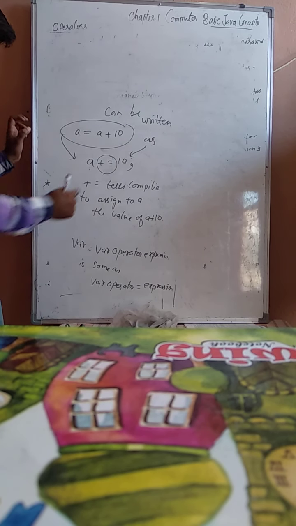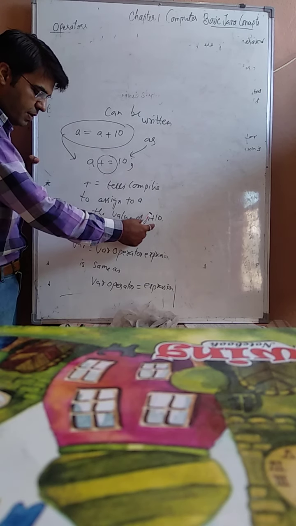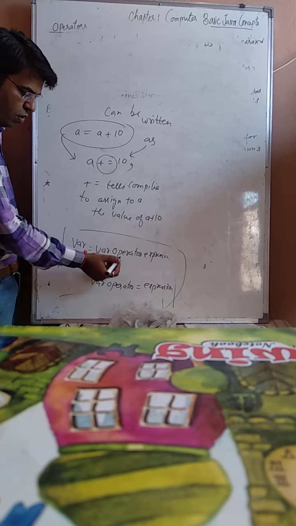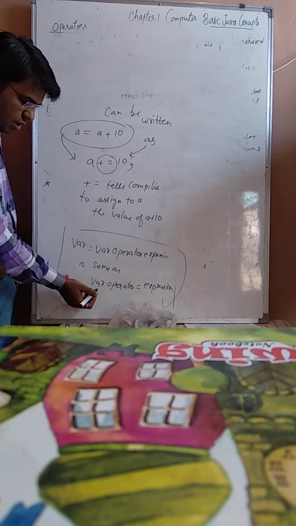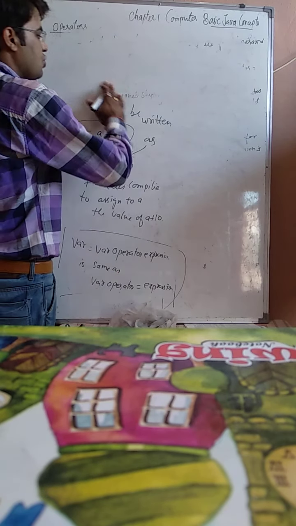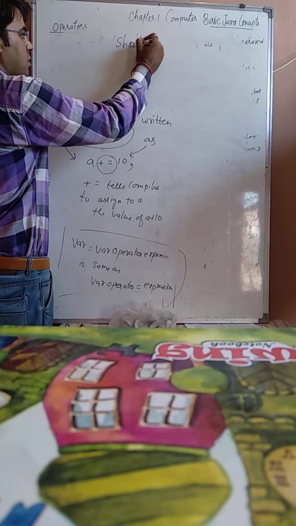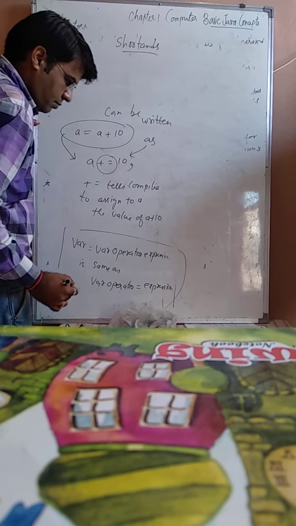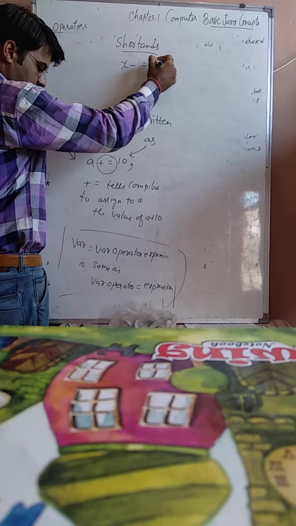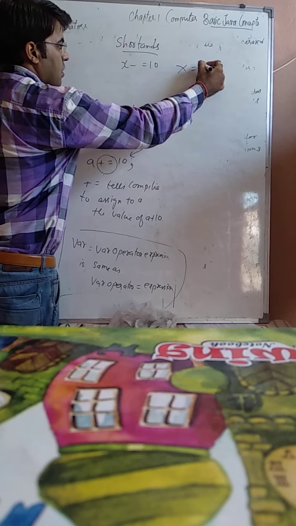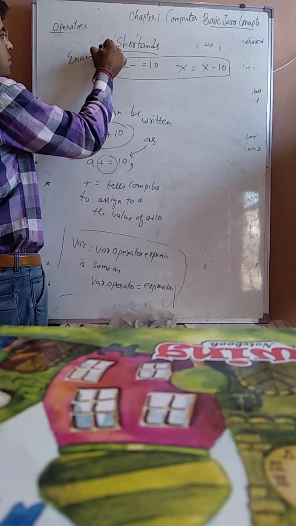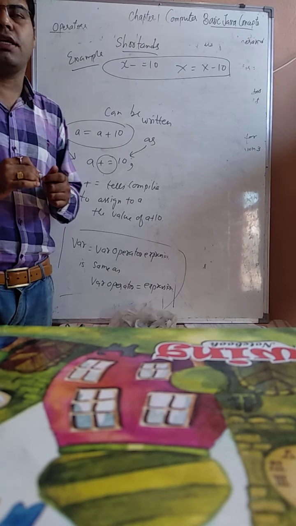This is the formula: variable equal to variable operator expression is the same as var operator equal to expression. In the same way we can use shorthand. Some examples. So these are some operators which we use in Java operations.